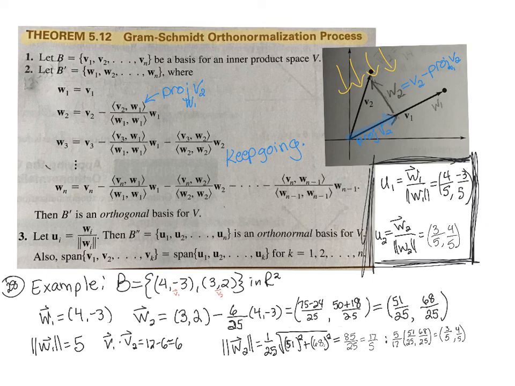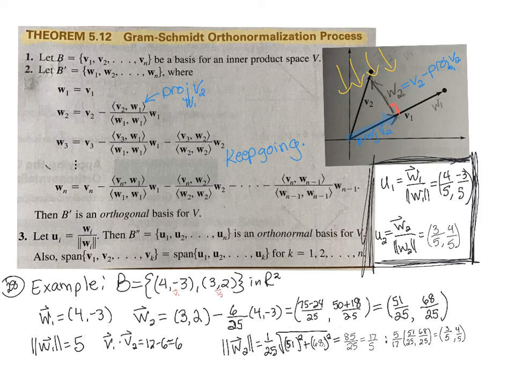So now this piece right here is going to be this projection right here subtracted from that vector. When you subtract vectors, V2 minus this projection, you go from the tip to the back to the tip, and you're going to get this vector right here, which you can see is perpendicular to your first vector V1, or W1 now.